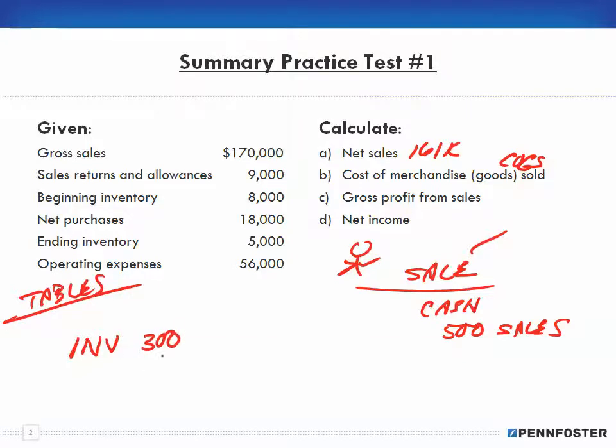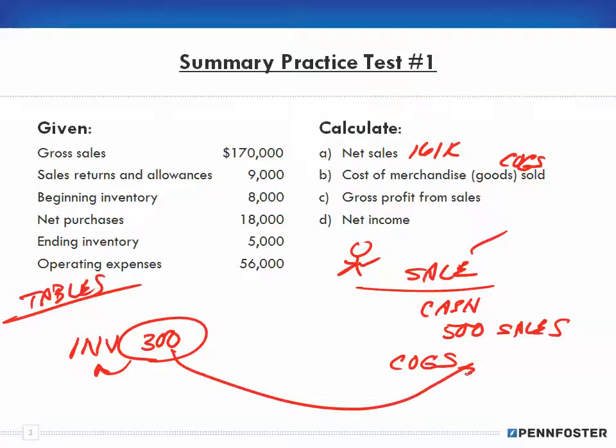Well, you have to take it out of your inventory, and you put it over to what's called cost of goods sold. You're going to put it over here on your income statement. The reason why is because if you have your sales less your cost of goods sold, that gives you a gross profit.